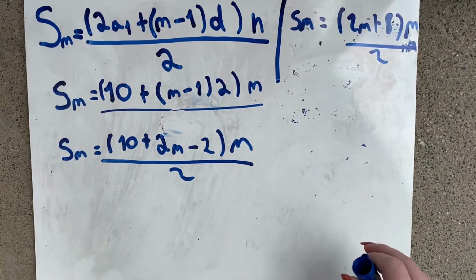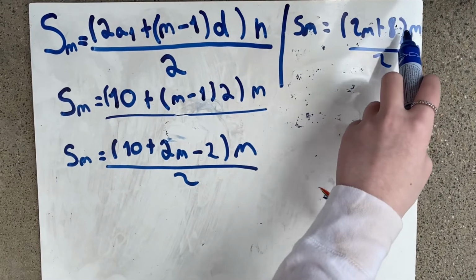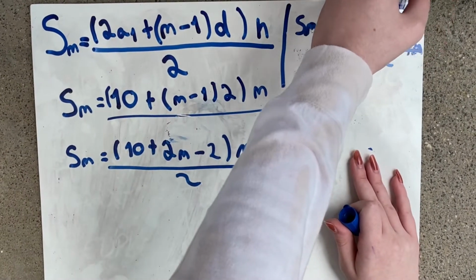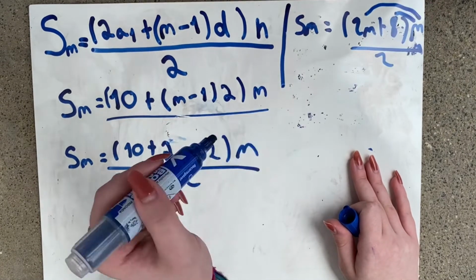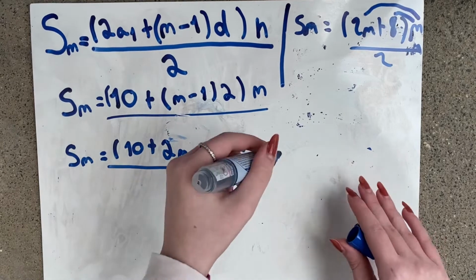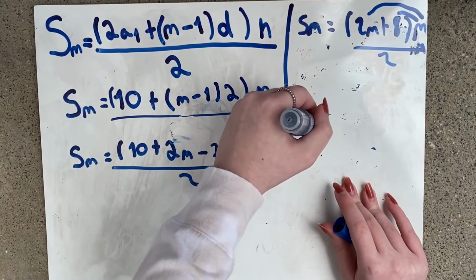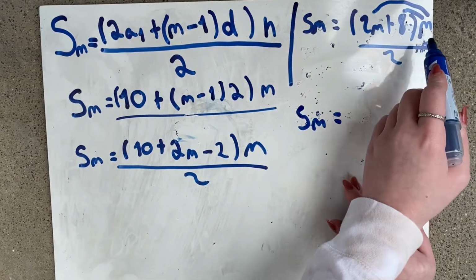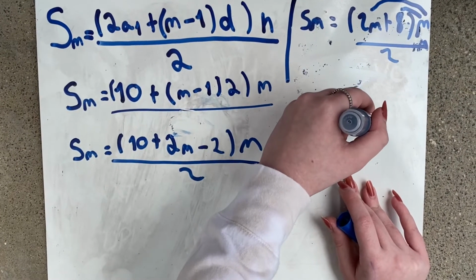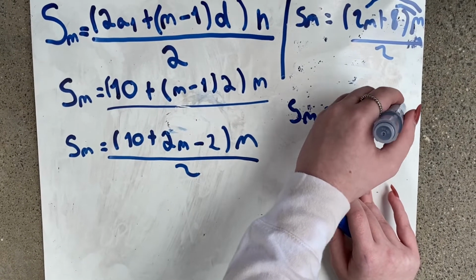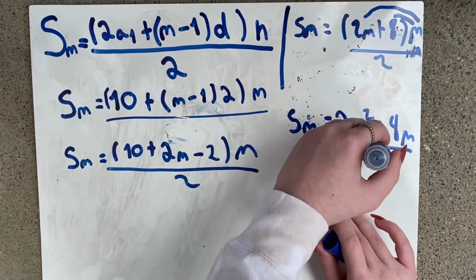So now what we do again is the distributive property with the n. So we do n times 2n and n times 8. So what that's going to give us is Sn equals 2n times n is 2n squared plus 8n over 2.